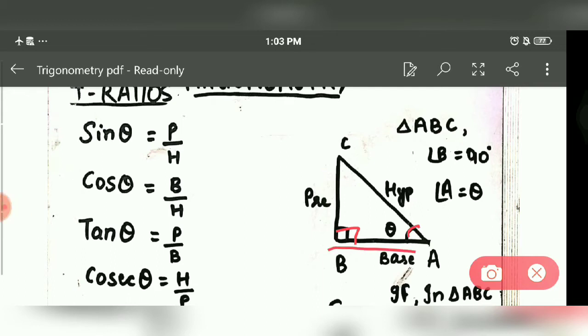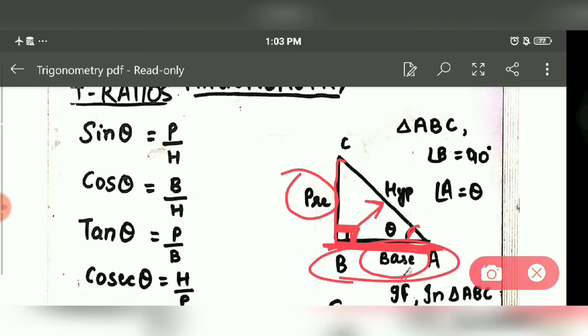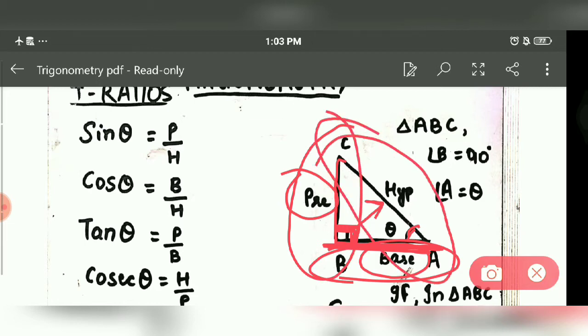The line of a right angle triangle on which the angle and 90 degree lie is always the base, the line on which only 90 degree lies is the perpendicular, and the line which is opposite to 90 degree is the hypotenuse. So in this triangle, AB is base, BC is perpendicular, AC is hypotenuse.